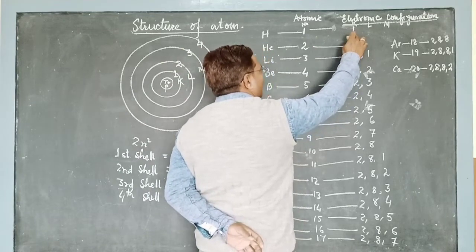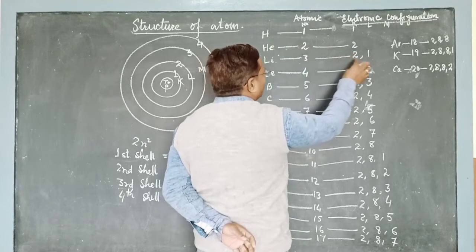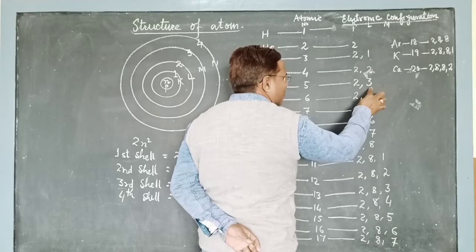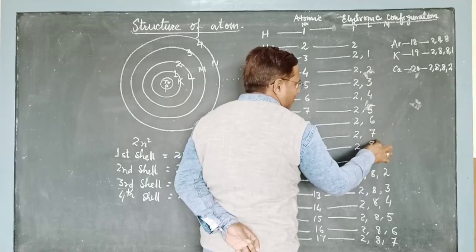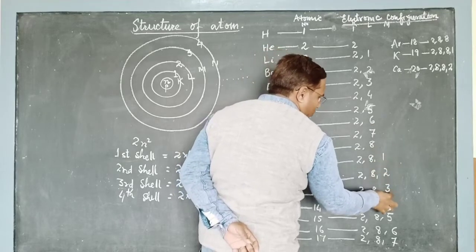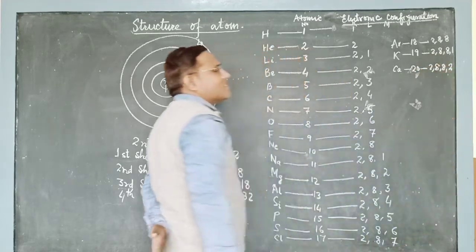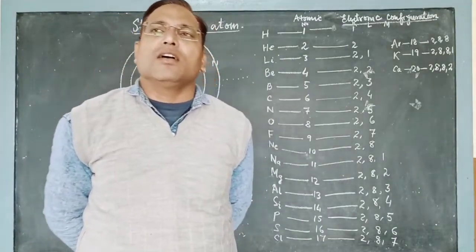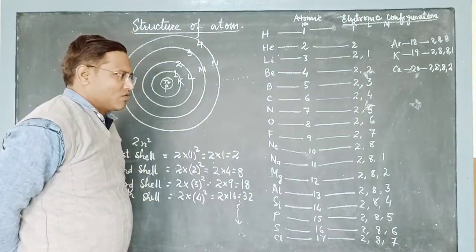Valence electron is 1. In helium valence electron is 2. Lithium valence electron 1. Beryllium valence electron 2. So in this way the valence electron goes 1, 2, 3, 4, 5, 6, 7, 8, again 1, 2. So valence electrons means the number of electrons present in the last orbit.